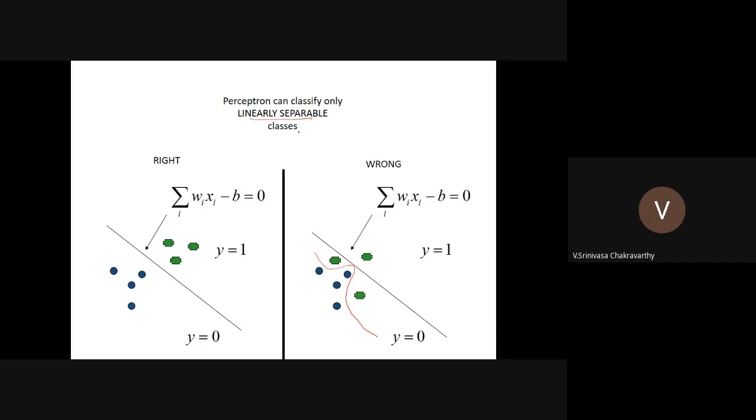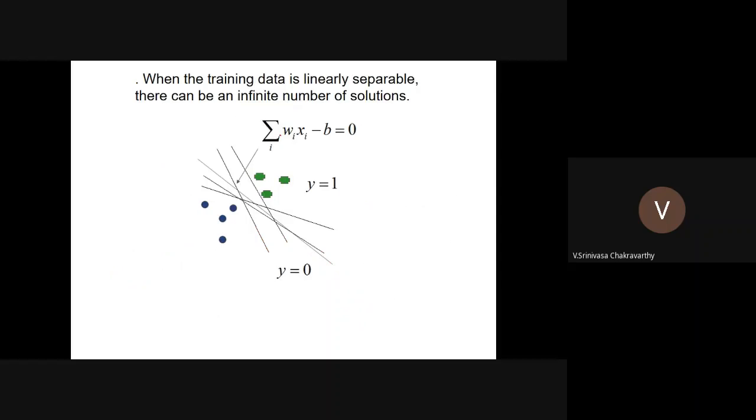That means there must exist a hyperplane which can separate those classes. Only then can this neuron or network learn those classes. That's a big disadvantage. And when they are linearly separable, you can have an infinite number of solutions, so the solution is not unique, which is okay. It's not a problem. It's just a property of the perceptron.